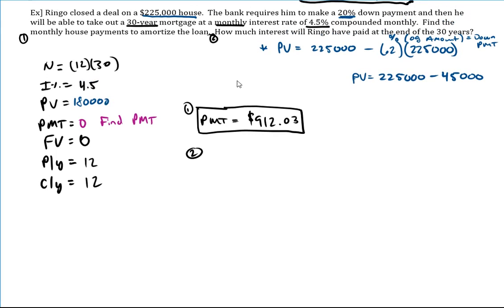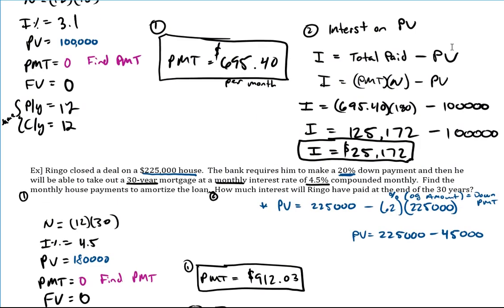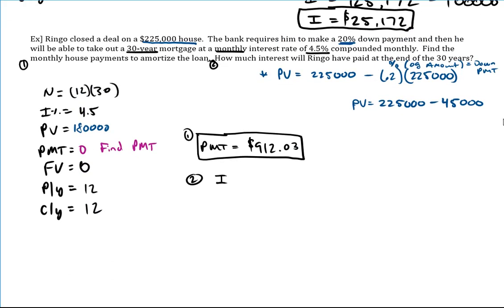To find the interest, I'm going to use I equals, and we can look right above. It's the same deal, so it's the total paid minus the present value. And our total paid is the payment amount times the number of payments, which would be our capital N, and then still minus the present value.